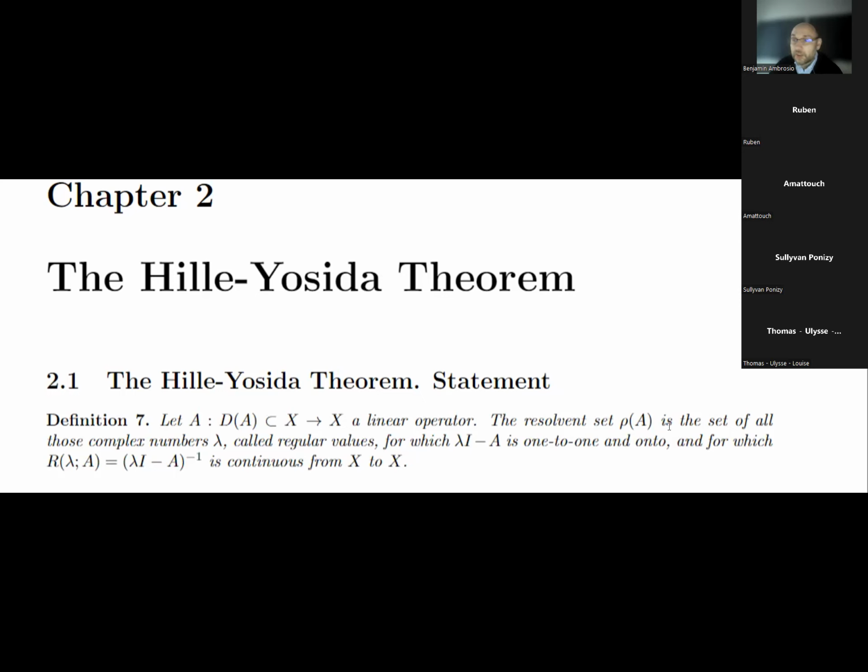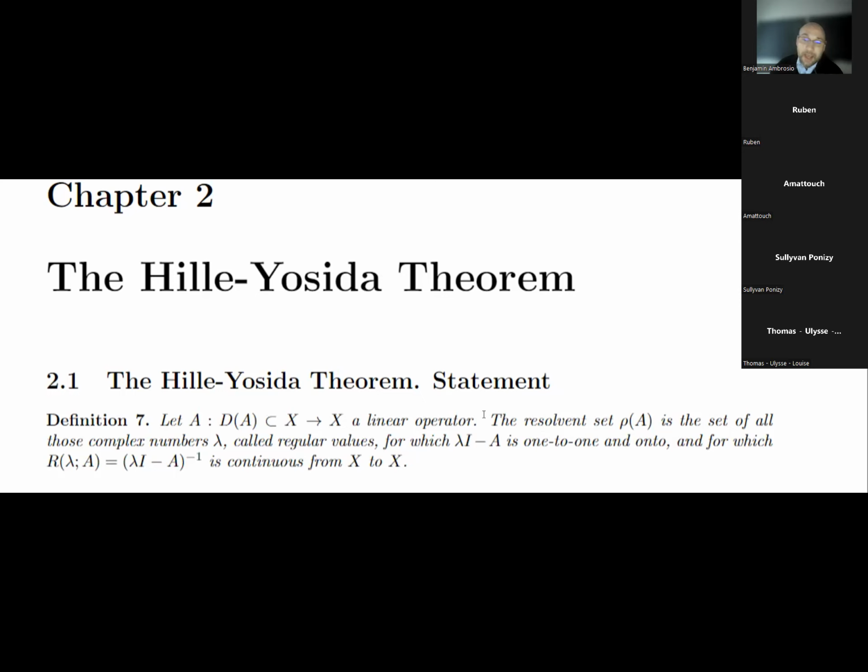And onto means surjective, so the range of lambda I minus A is the whole set.